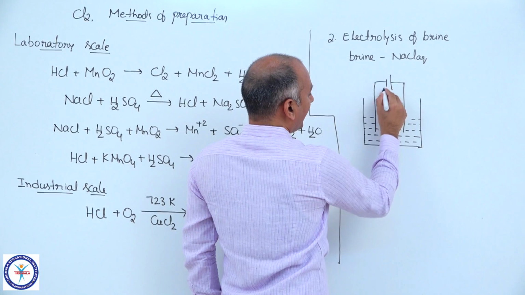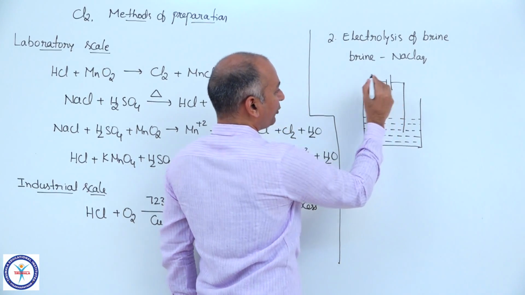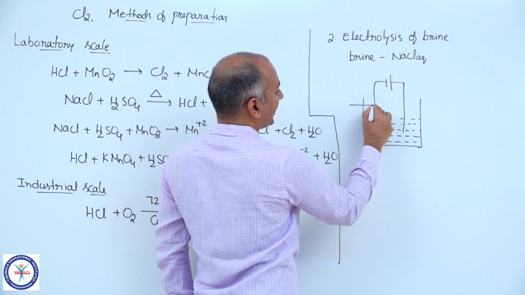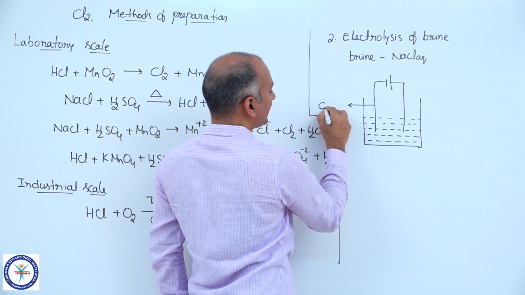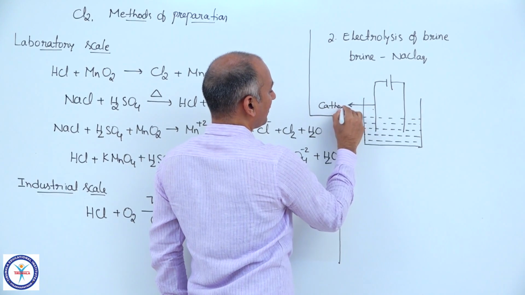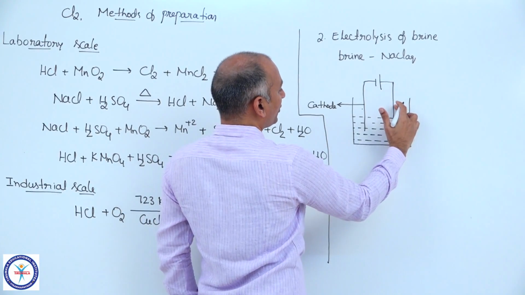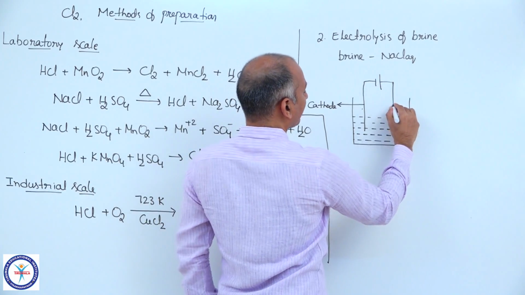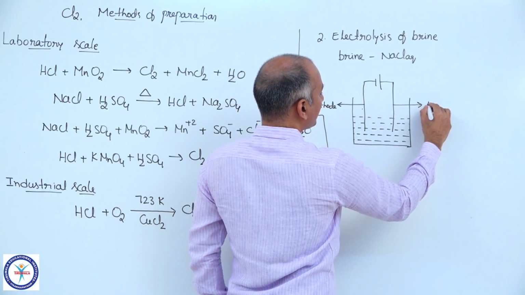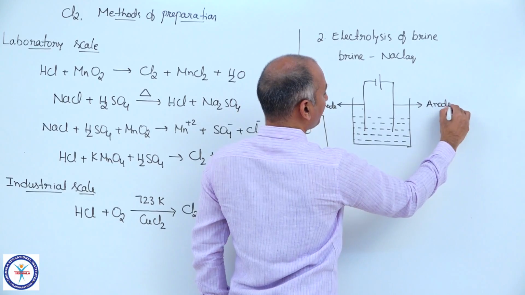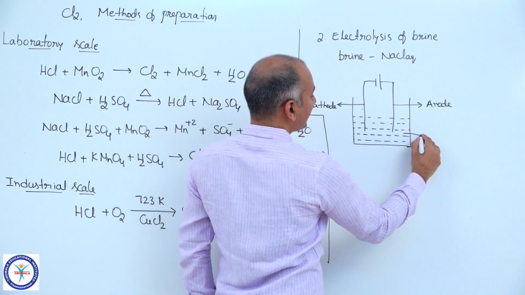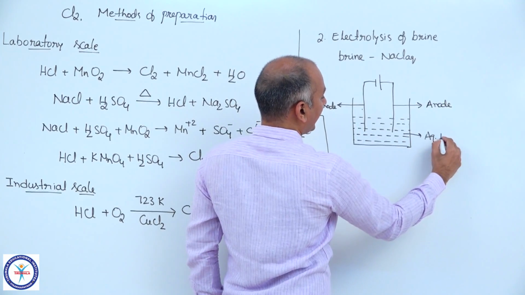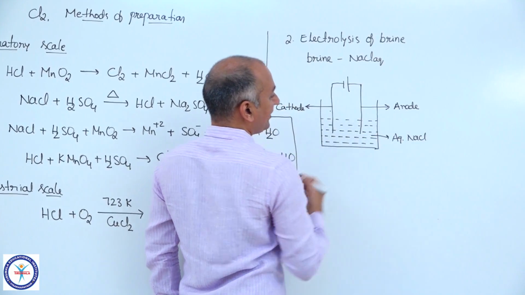The electrode to which the negative terminal is connected, that is negatively charged of course, is the cathode. And the electrode to which the positive terminal is connected, that is positively charged, is called the anode. And this is the aqueous NaCl electrolyte.